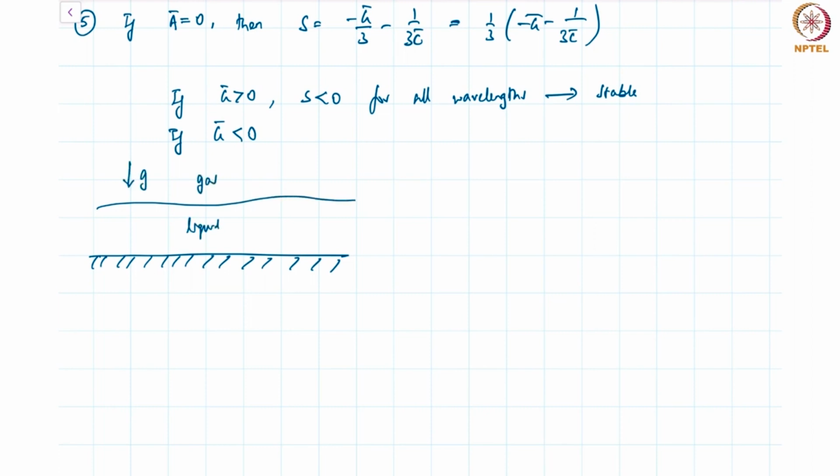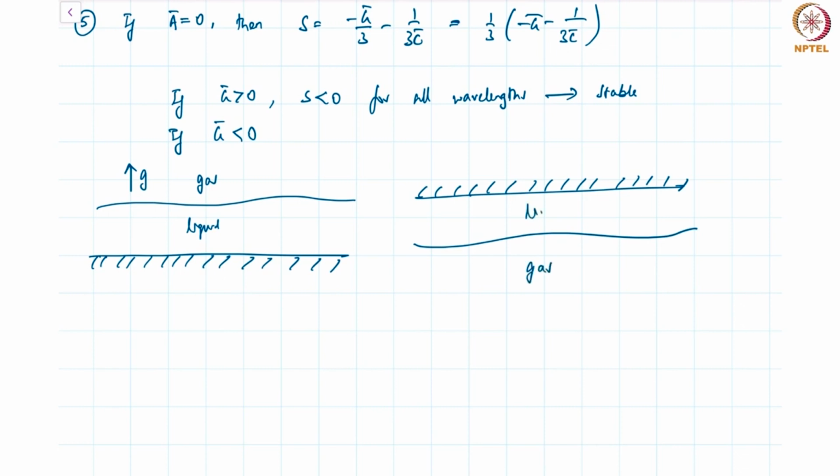But if the gravity vector is in the opposite direction, I will have to change the direction of gravity. This is equivalent to saying that I have a thin film like this. We have a solid substrate and a thin film with gas below it and a liquid above it.